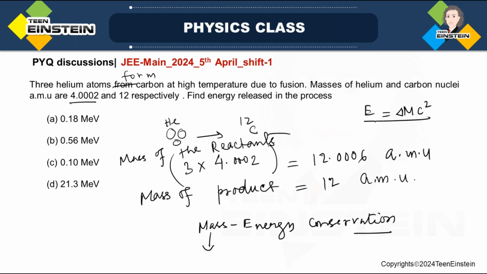The loss of this mass, 0.0006 amu, that much mass will get converted into energy, which will be released in this process. So by the mass energy conservation law, I can find out the energy release.